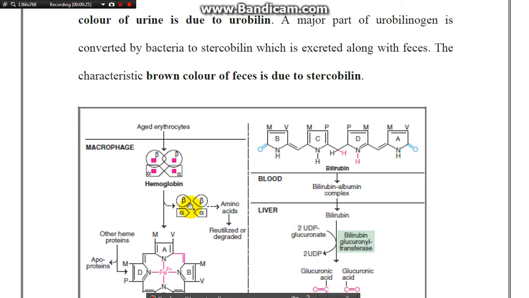The protein is globin, and the globin may be used to synthesize hemoglobin in the body, or may be broken down to give several amino acids.